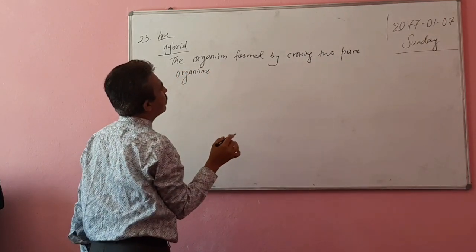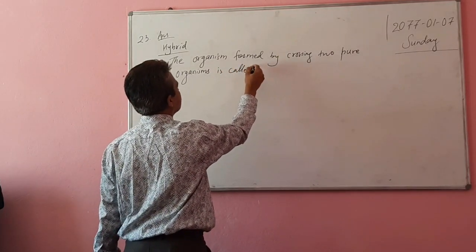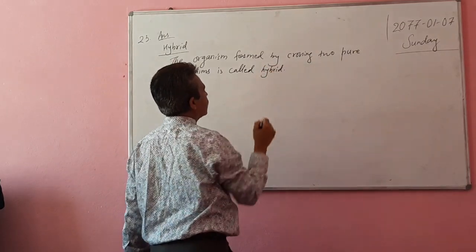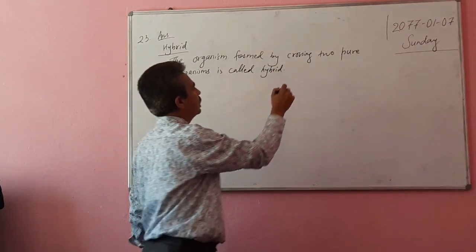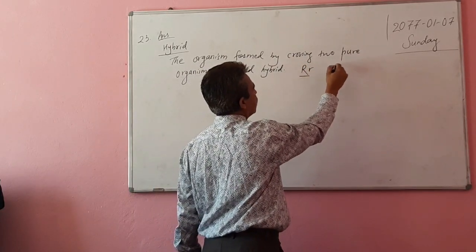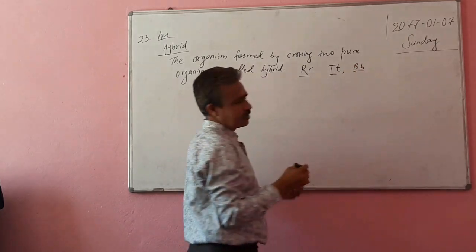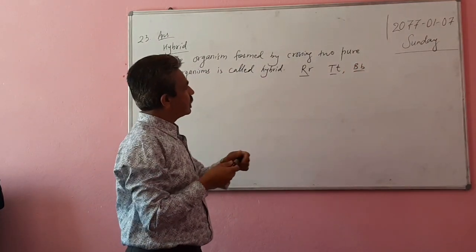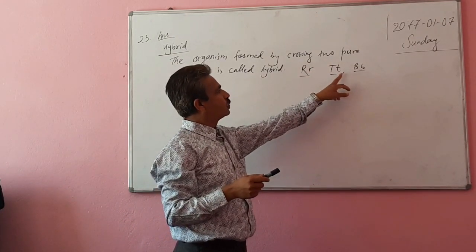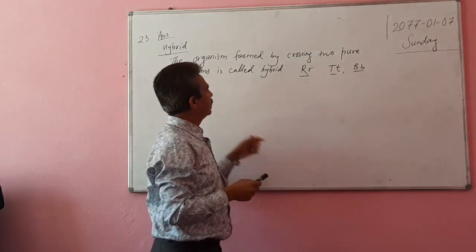The organism formed by crossing 2 pure organisms is called hybrid. Here, hybrid means we can write, example is capital R small r, or capital T small t, or capital B small b. So this is hybrid because it is formed by crossing red and white, tall and dwarf, black and white. Okay, we have to remember.